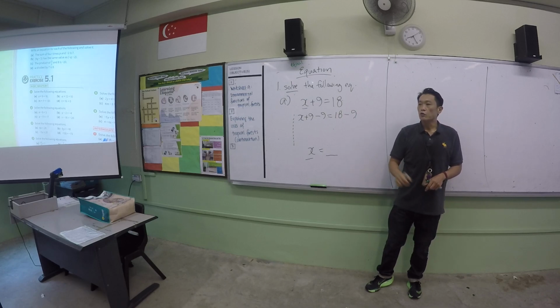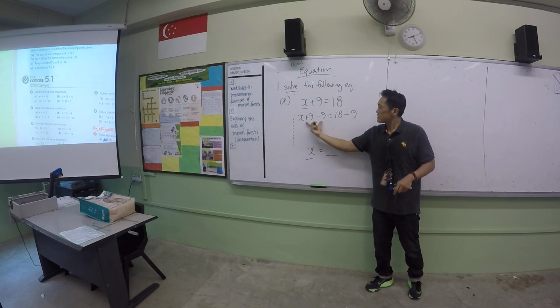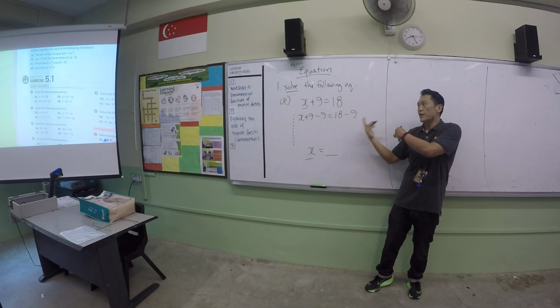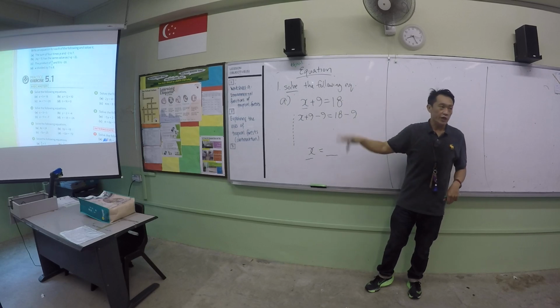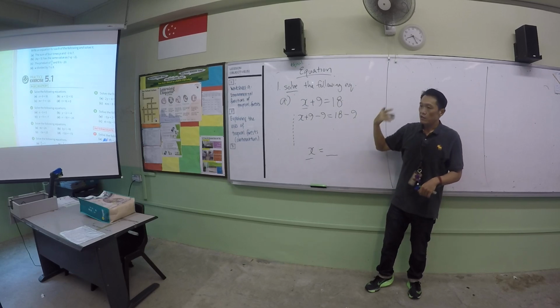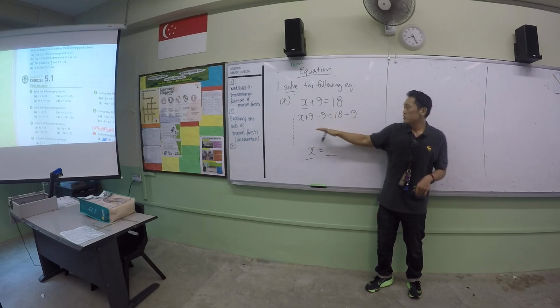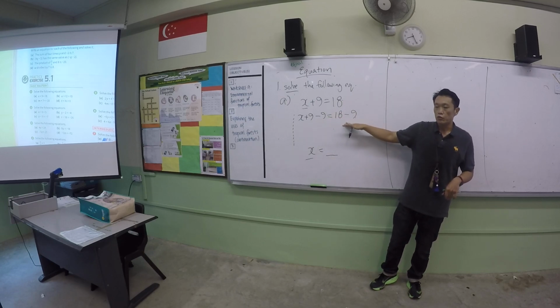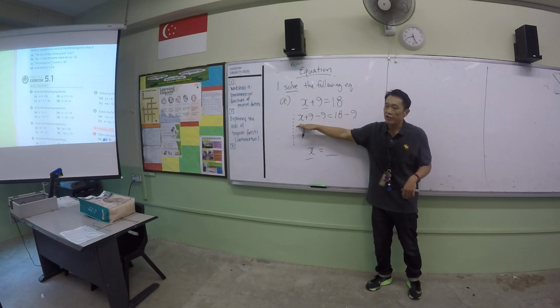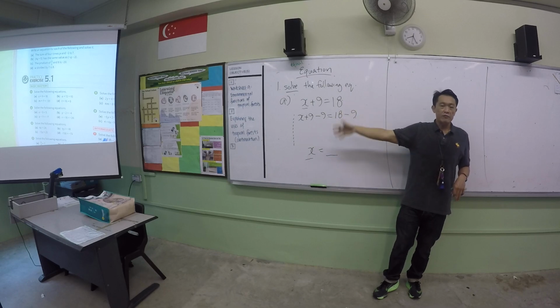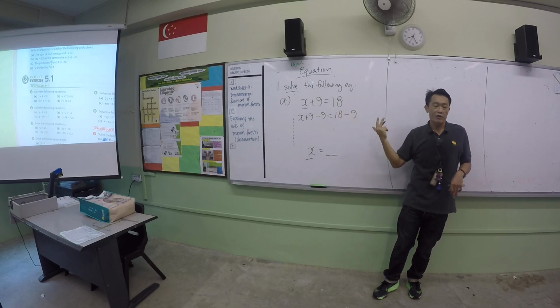You were skipping one step when you straight away minus 9. But when the equations get more complicated, it is better that you know the basics. So don't just memorize minus 9, but know why you minus 9. After you know why, you can straight away minus 9.